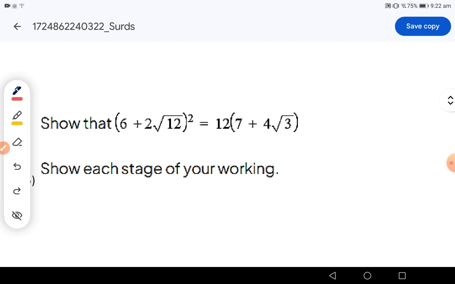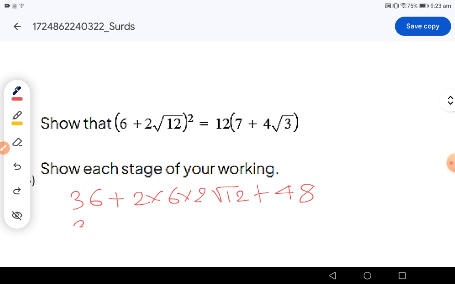Okay, so a square is 6 square, plus 2ab, 2 into a into b, 2 root 12, plus b square, 2 into 2, 4 into 12, 48.